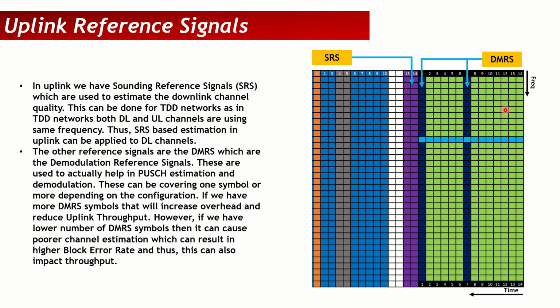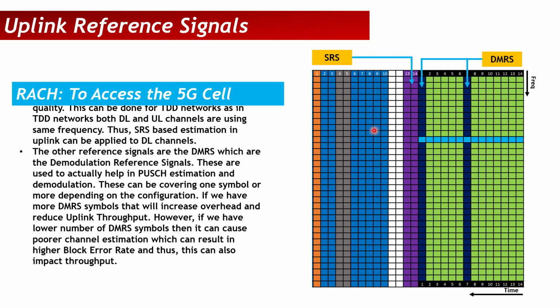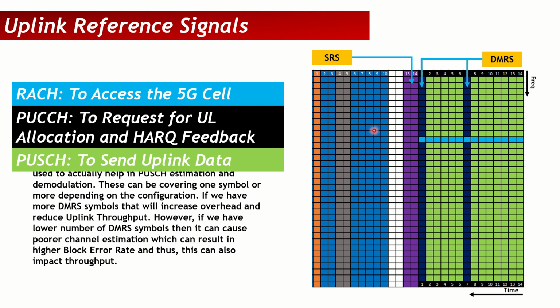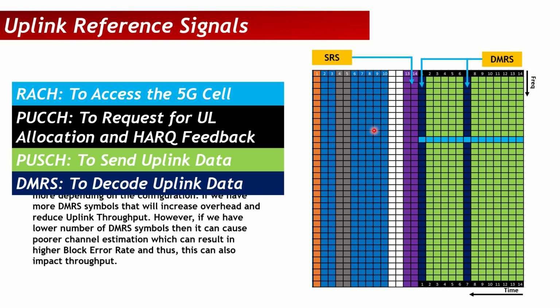That's all for that, but let's quickly recap. We have RACH, to access the 5G cell. We have PUCCH, to request uplink allocation and to provide HARQ feedback. We have PUSCH, to send the actual uplink data. We have DMRS, to decode the uplink data.